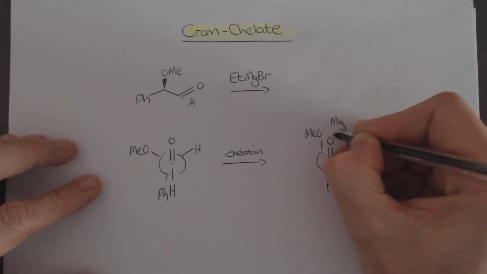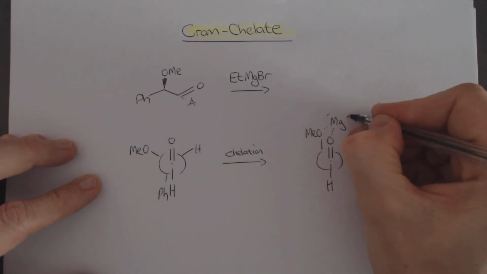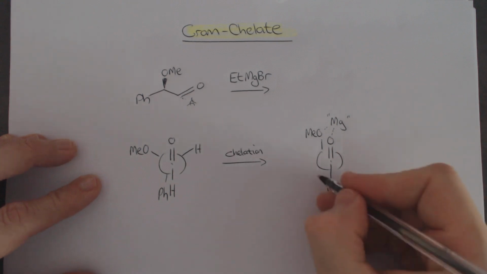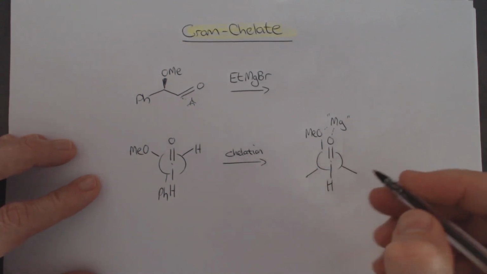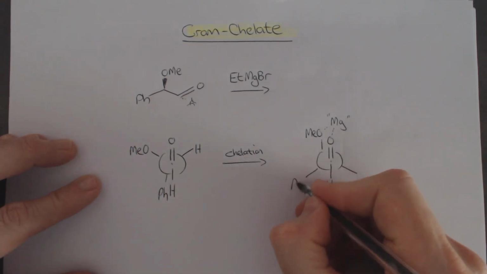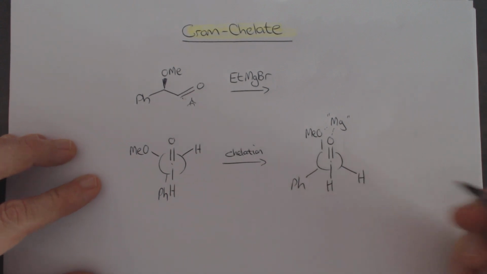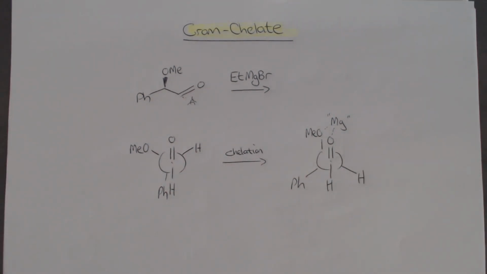So we can put the magnesium chelating. I'm just going to put that in inverted commas, and so that's twisted around over there. So the phenyl group is over there, and the H is on that side over there.